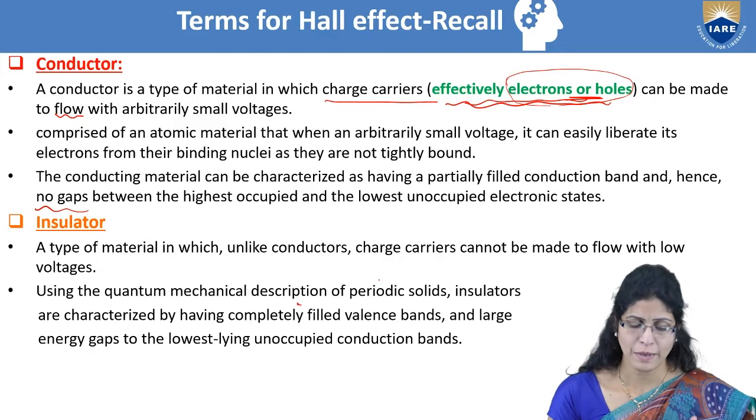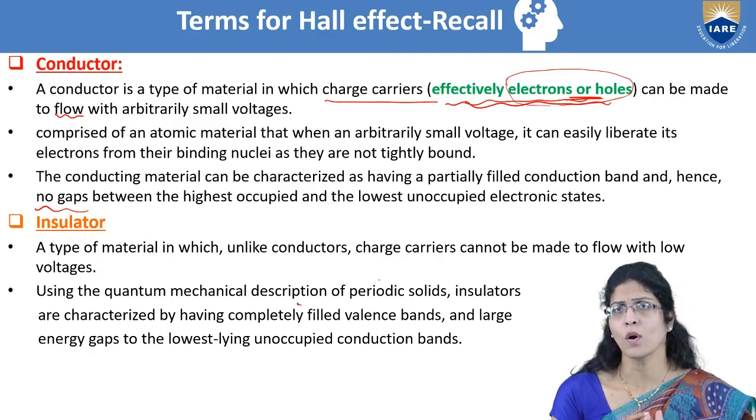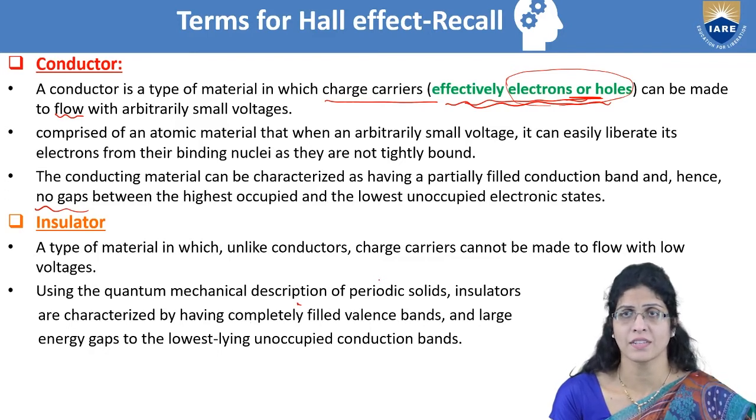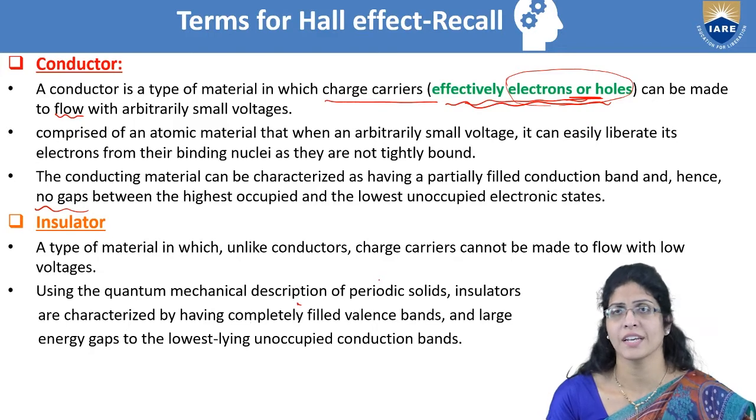Now coming back to our topic, if you want to understand why this has poor conductivity or high resistivity, you have to look into the quantum mechanical description. It's because it has a completely filled valence band and large energy gaps.